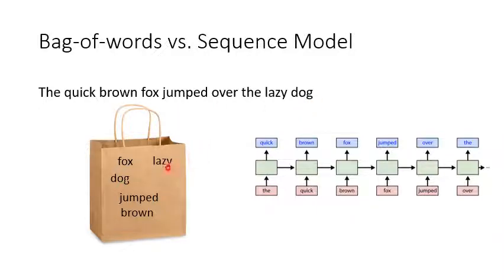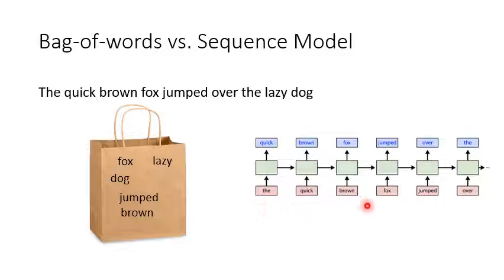For bag of words, it does not account for the order of the words, so it looks like a bag that includes a lot of words, but we do not care about the order of words. On the other hand, the sequence model will consider the input order of the words. So the words will be input into the model one by one.